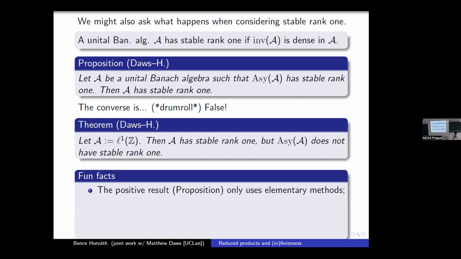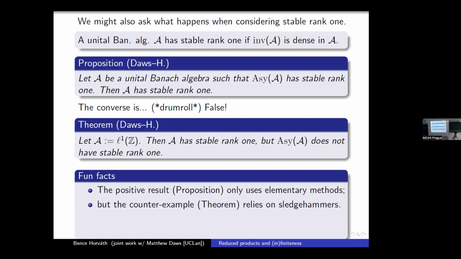Some fun facts: the proposition is completely elementary in the sense that you don't need to rely on any technology. The counterexample, on the other hand, uses a lot of hard and weird theorems, even from group theory. I have no idea if there is an easier way of doing it.